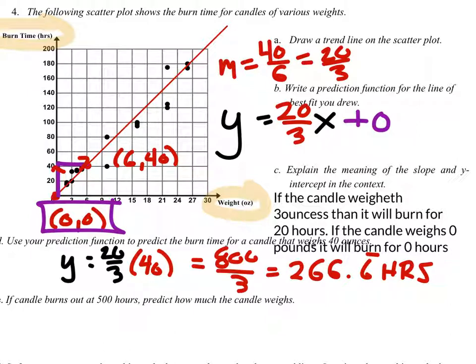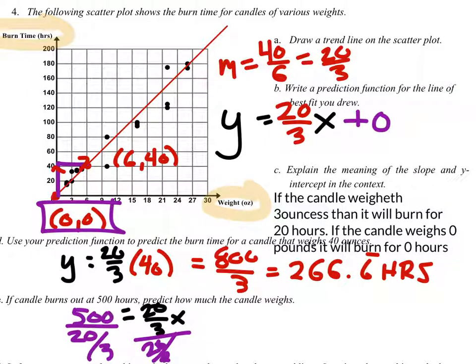Alright, what if the candle burns out at 500 hours? Well, hours is the y, so I'm going to replace the y with 500. So I got 500 equals 20/3 x. And I'm just going to solve for x by dividing both sides by 20/3. So I'll divide 500 by 20/3.